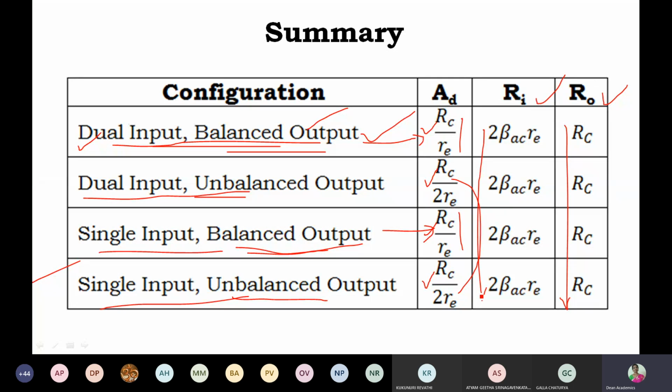So most probably tomorrow's class I will give you assignment questions. If possible, I will try to give you a Google form, providing some space for this. Otherwise, you can write in your notebooks and upload. That will be better. I'll ask you to derive differential gain, input resistance and output resistance for dual input balanced output differential amplifier.